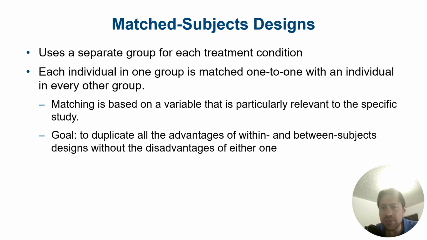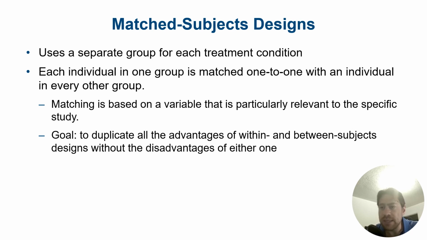Now, a matched subject design uses different groups for each treatment, like a between subject design, but tries to match individuals in one group with individuals in another group based on specific relevant variables. So to create groups composed of very similar individuals that are matched.